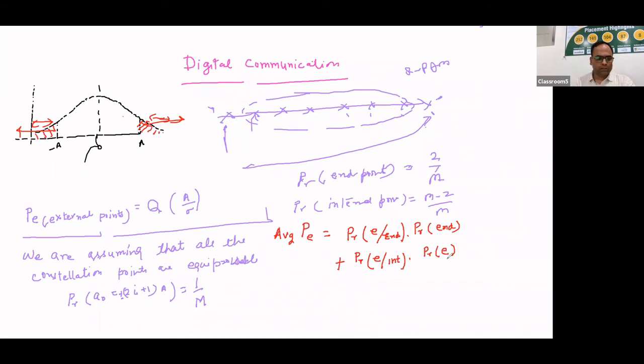And we know all these things. For example, the probability of error given end points we have already calculated.